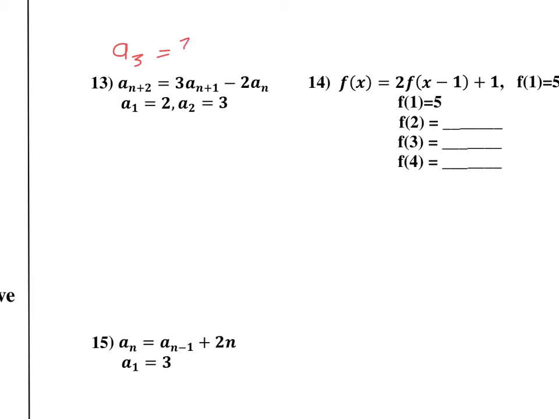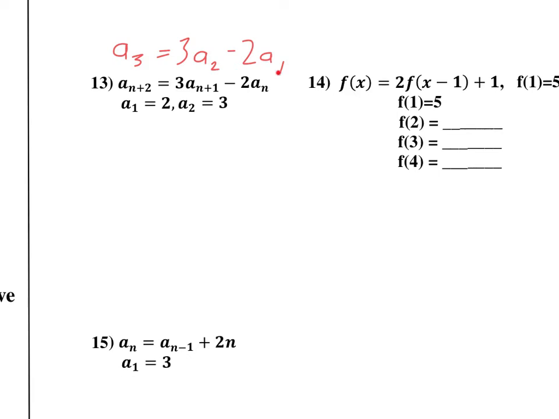So the way I see this is that this one is going to be 1 behind, so that's going to be a sub 2, because you can see if this one is 3, okay, so we take away 1, and that would be 2, and then minus 2 times a sub 1 right there.